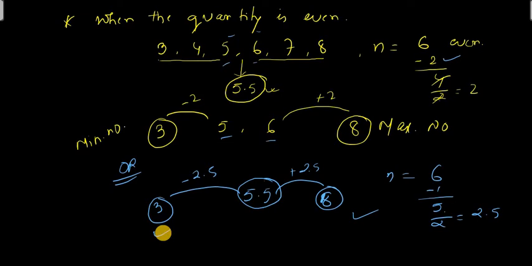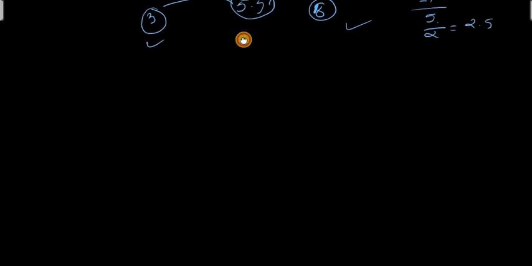Minimum, maximum. The average of the 3 middle numbers, and the average of the first, second, last, second. For even n, for example, take 3 4 5 6 7 8.